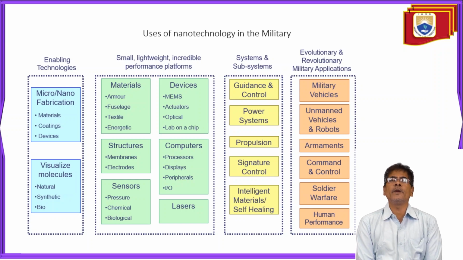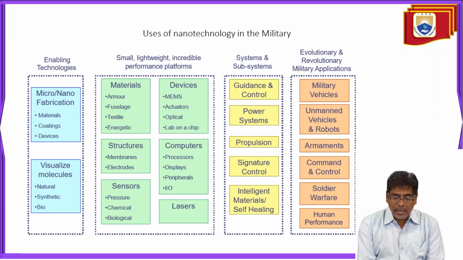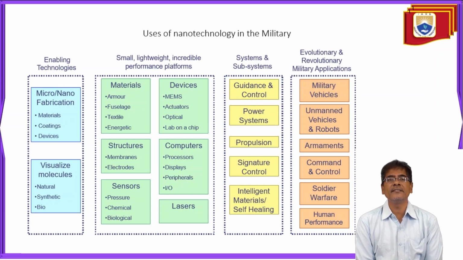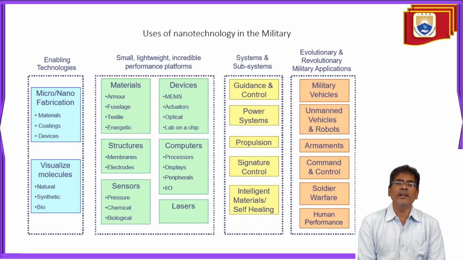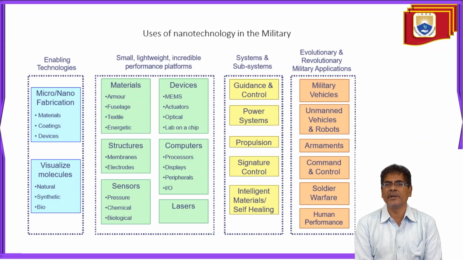So these features have enabled the use of this particular science to a very large extent, right? When we speak about small, lightweight, incredible performance platforms, we have materials and devices. In materials, we have armors, fuselage, textiles, and energetic materials. In devices, we have MEMS, that means microelectromechanical and memory devices, right?